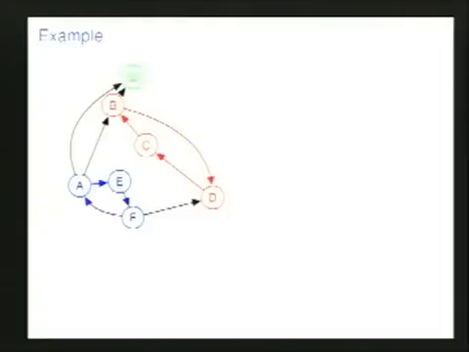From B, you can get to C by going through D, and from C, you can get to B. So B is connected to C. B is also connected to D. So B, C, and D are all connected in the same strongly connected component. And A, E, and F are all connected, right? There's a cycle there that contains them all. So for a cycle, every pair of nodes on the cycle are connected and are in the same strongly connected component.